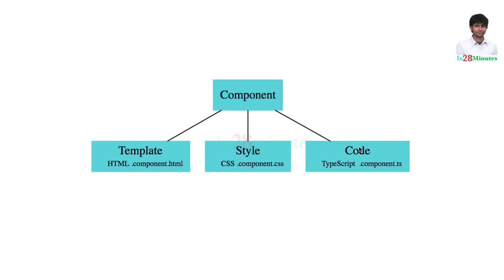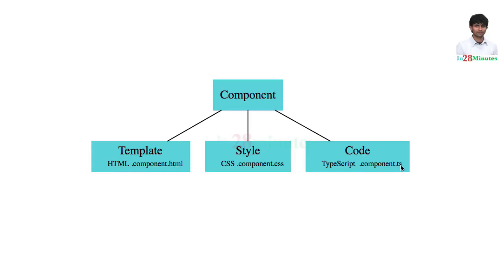This is written in TypeScript. When we look at most components in Angular, you'd see that the template file is having an extension of .component.html. The style file has a component.css extension, and the code file has a component.ts extension.